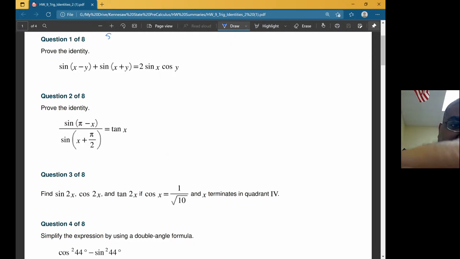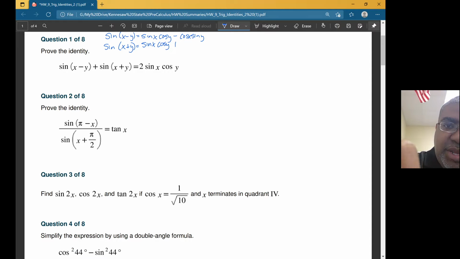So we know that the sine of x minus y is equal to sine x cosine y minus cosine x sine y. And the sine of x plus y is equal to sine x cosine y plus cosine x sine y.